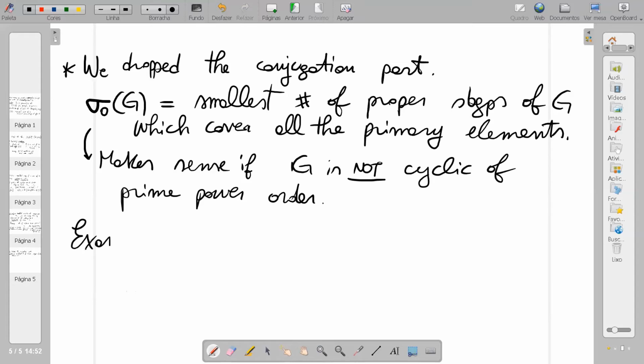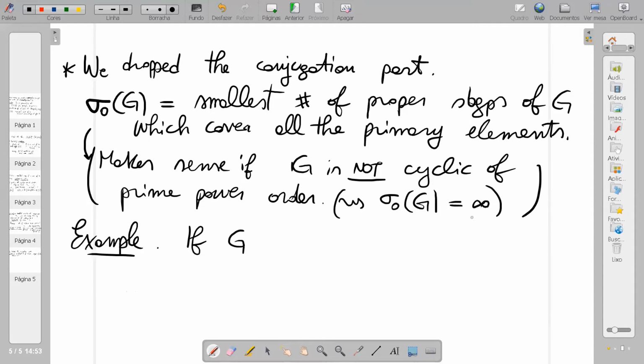So when I consider sigma 0, usually I assume that it's not cyclic of prime power order, or I would define sigma 0 of G to be infinity. This is usually what we do, in the sense that the needed number does not exist, but it's a notation that makes sense.